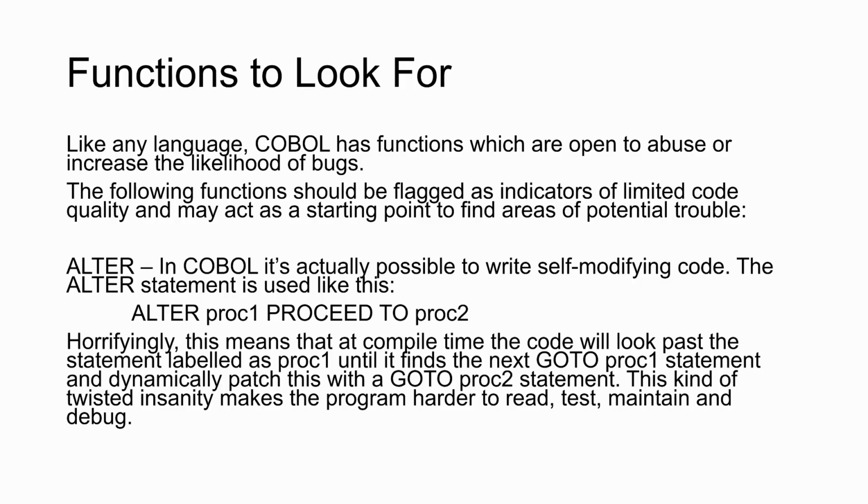For a statement like this, alter proc1 proceed to proc2, as it says there, it will completely alter the behavior later on at run time. And so when it encounters a go-to proc1 statement, it will treat that as a go-to proc2 while it's running.